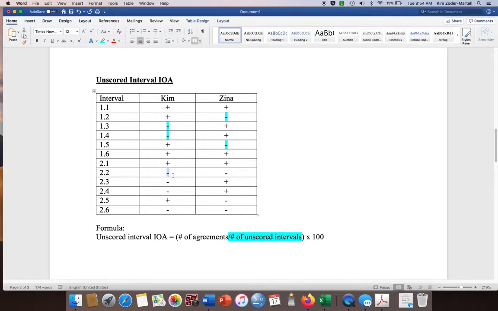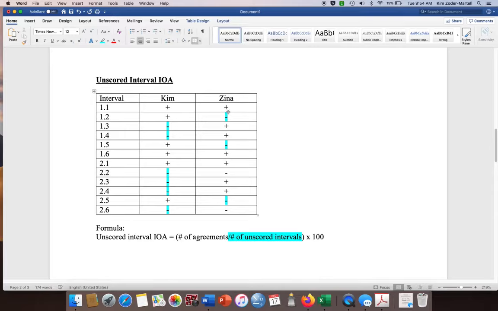And remember, you only need to highlight one if both stated that the behavior didn't occur. Okay, let's go back. I did that one quickly. So we have the target behavior didn't occur, didn't occur, didn't occur, didn't.